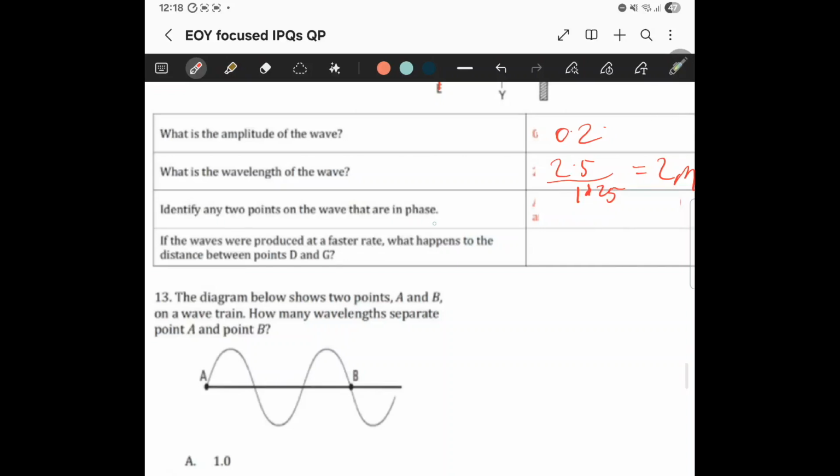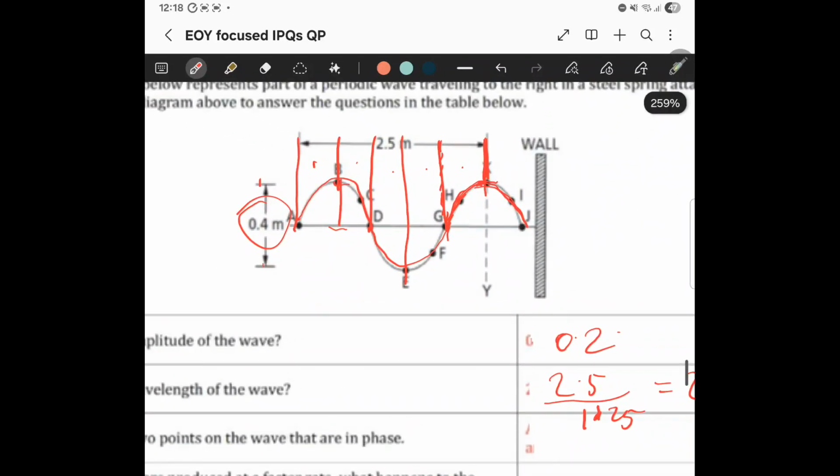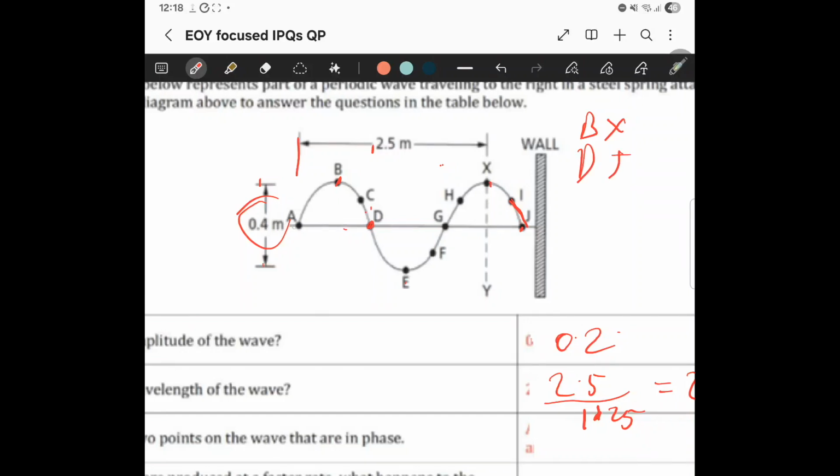Identify any 2 points on the wave that are in phase. That basically means anything that is in the same position. Now let's get rid of all of that stuff again and let's check. B and X, that's a good one. That's fine. D and J. A, not D, because it has to come all the way back up.